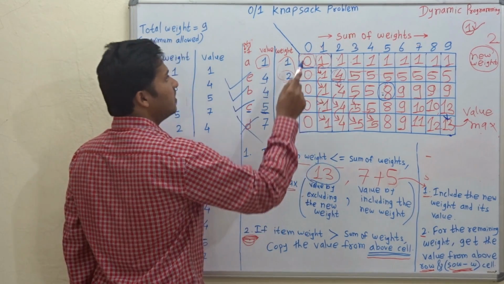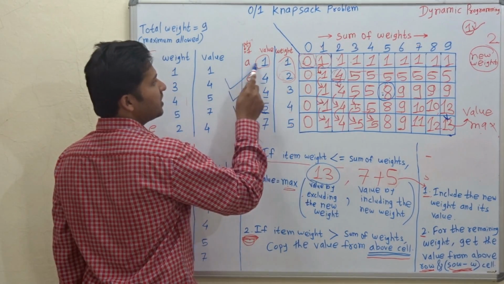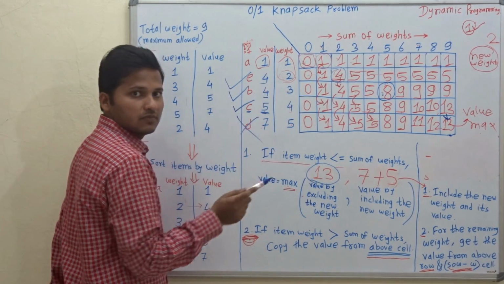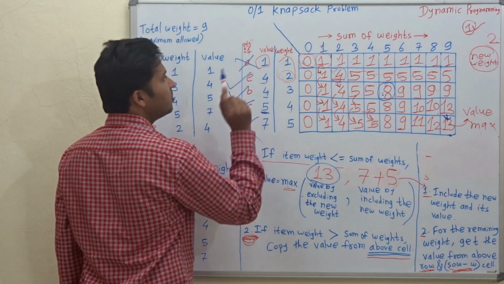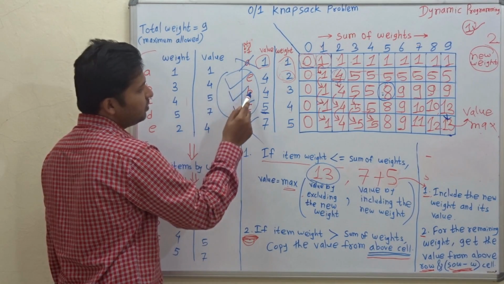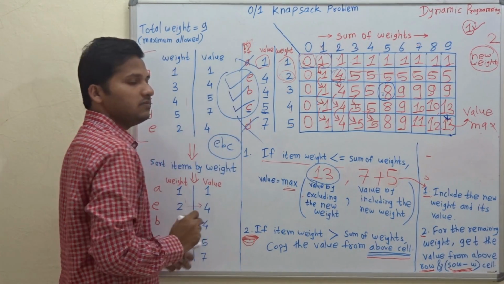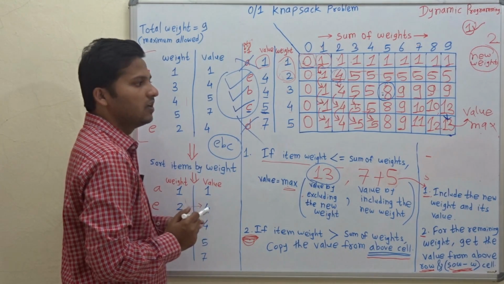But here we are in the 0th column, which means we have not included this weight. So the included weights are E, B and C. E, B and C. So this is the set of the weights.